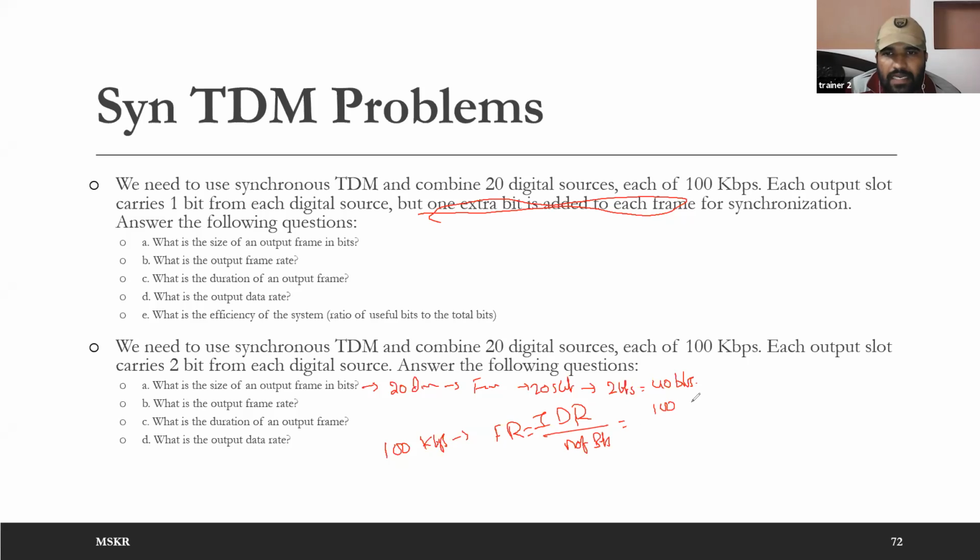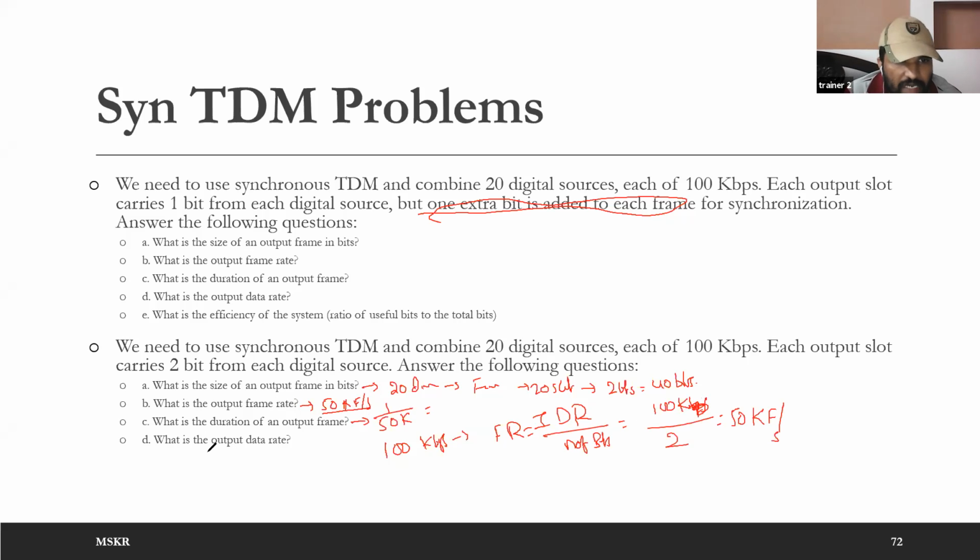So 100 kbps by 2 bits in each slot, that is 50 kilo frames per second. That is the frame rate. The duration of an output frame is 1 by 50k seconds.